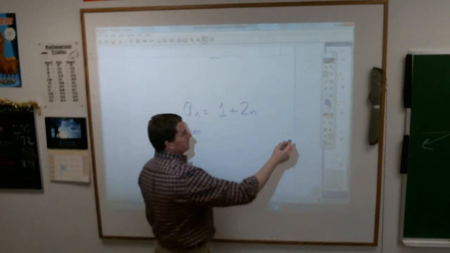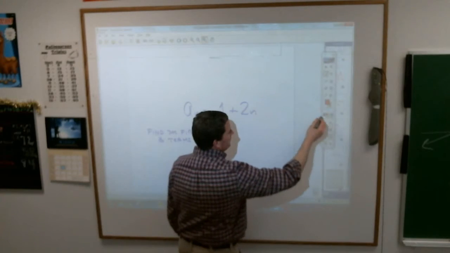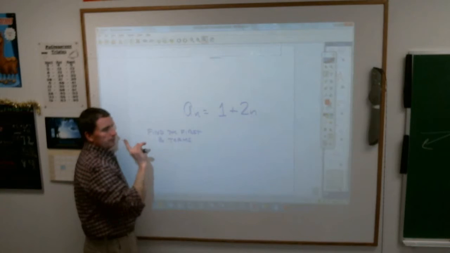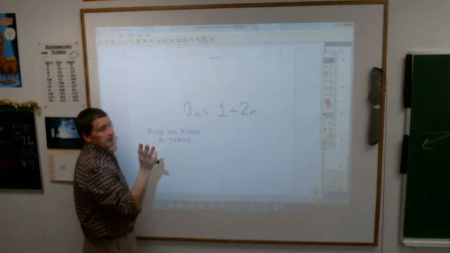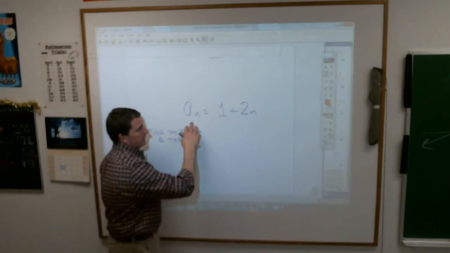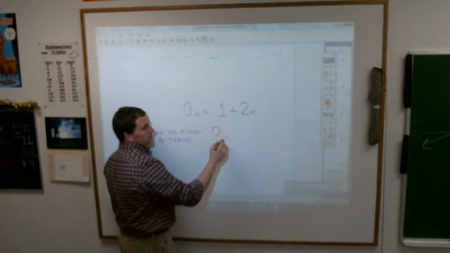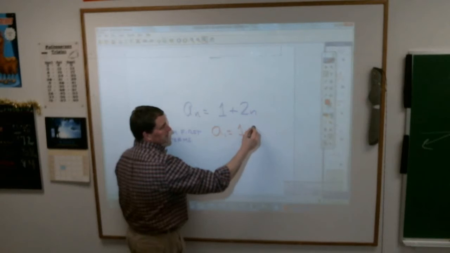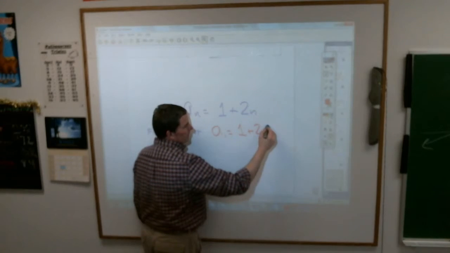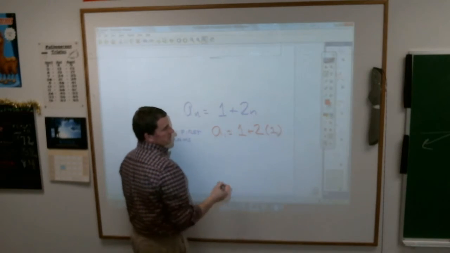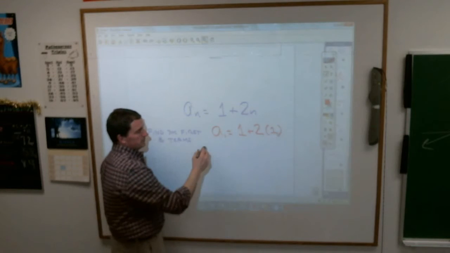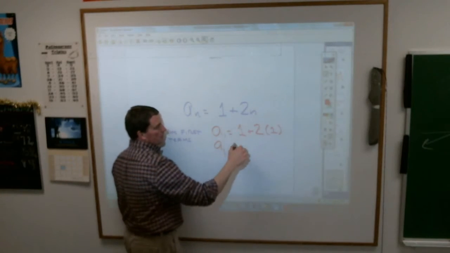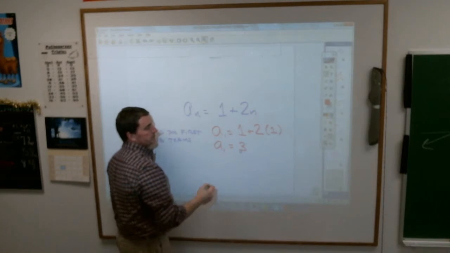So what would that look like? I am looking for the first 3 terms. So I'm looking for where n is 1, n is 2, and n is 3. So it would look like this. The first term equals 1 plus 2 times 1, which would be what? It's 2 times 1. 2 plus 1 is 3.